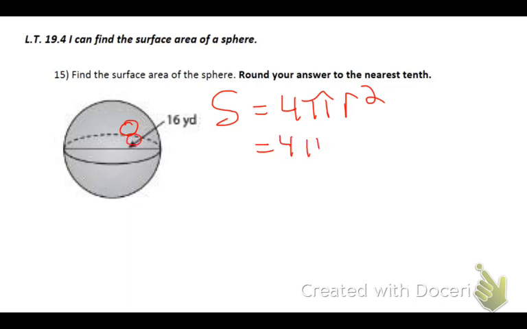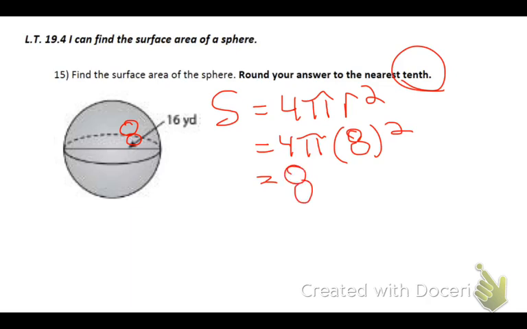So we'll do 4 times pi times 8 squared, says round to the nearest tenth. I got 804.2. That's square yards.